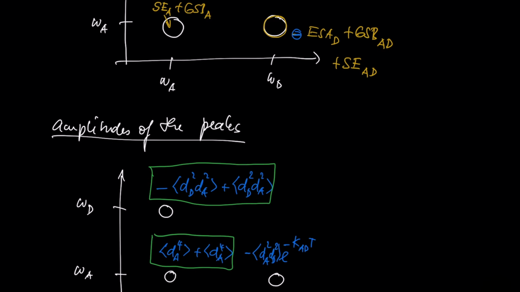So then there is ground state bleach dA or AD, that's from D to A, which is going to be with plus and no time evolution and two excitations on A and two excitations on D. And plus we have this stimulated emission dA. That is a stimulated emission, so it's plus.